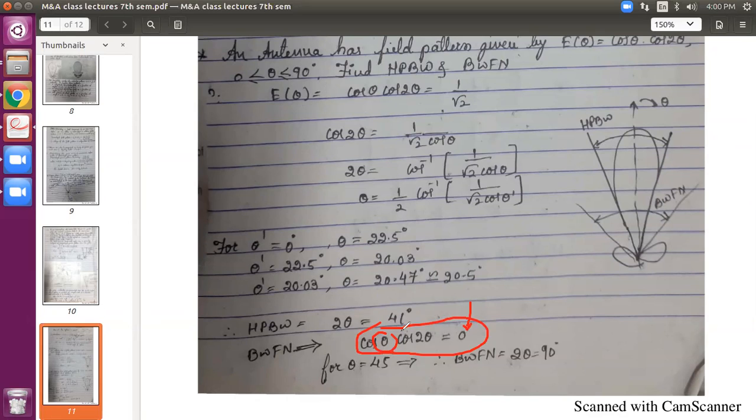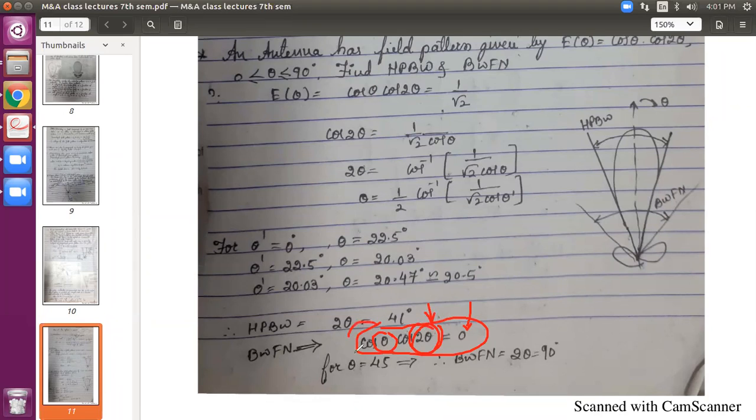That is possible, but we should start with the minimal value. No doubt here putting theta equal to 90 will give us the result, but we have 2 theta also here. So can we take some minimum angle, theta prior to 90 degrees? 45. Yes, 45 only, because 2 times theta, 45 into 2 you will get 90.